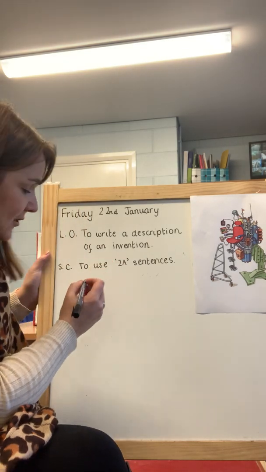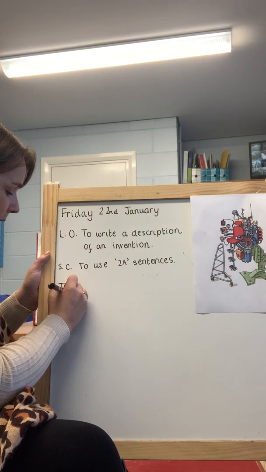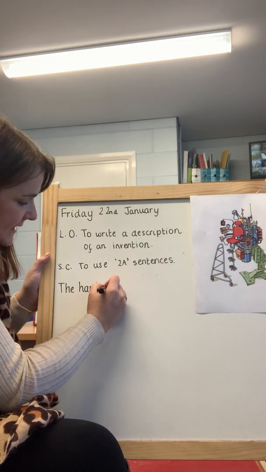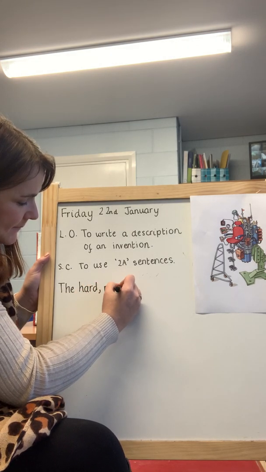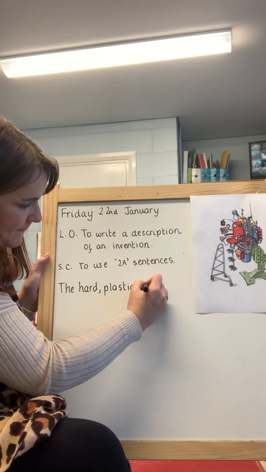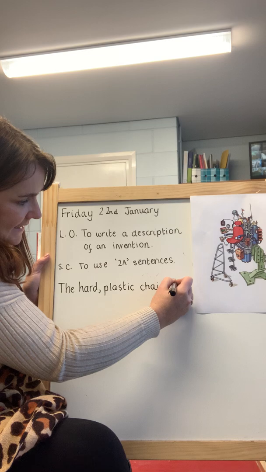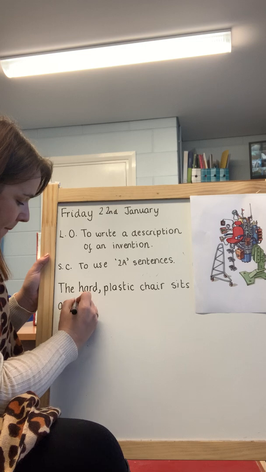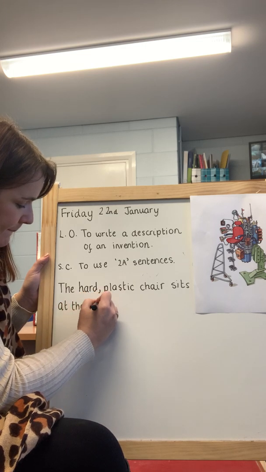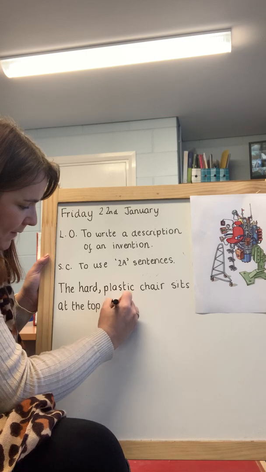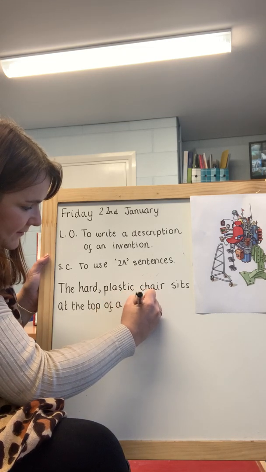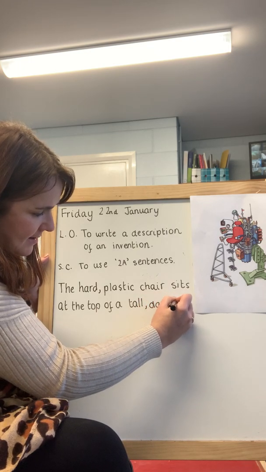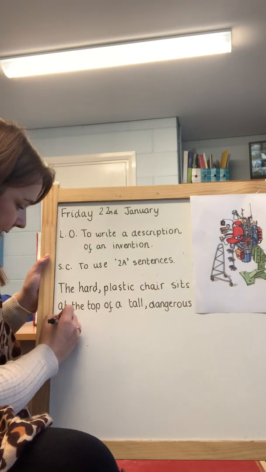So my sentence is going to say: the hard, and remember we put a comma after hard because there are two adjectives, plastic chair sits at the top of a tall, two As first adjective, comma, dangerous, second adjective, ladder.